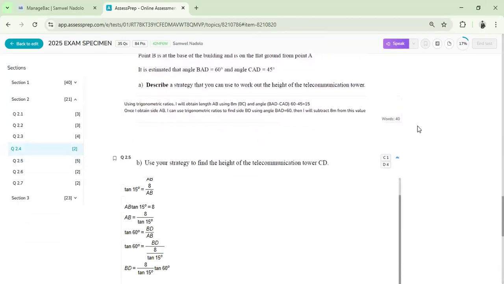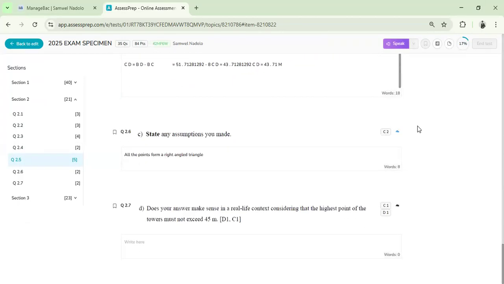That is one of the assumptions I've made, and you can write it so that your answer makes sense in real life context, considering that the highest point of the tower must not exceed 45 meters. For our case, the tower is 43.71 meters, so yes, it makes sense.